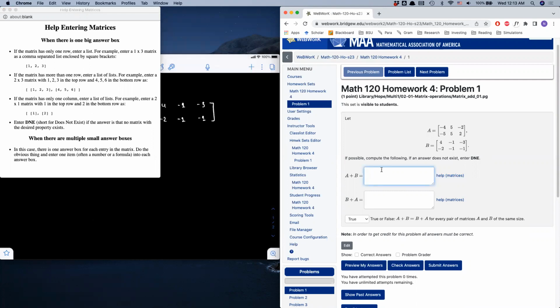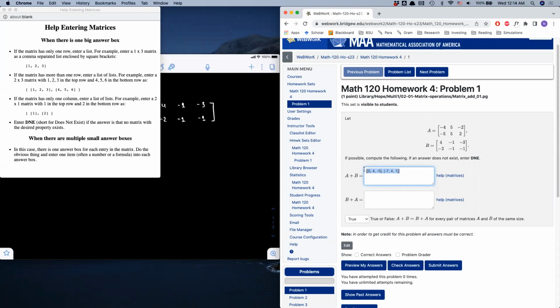Let me enter the answer. Between 2 brackets, this is for the first row: 0, 4, -5. And the second row consists of the entries -7, 4, and 1.